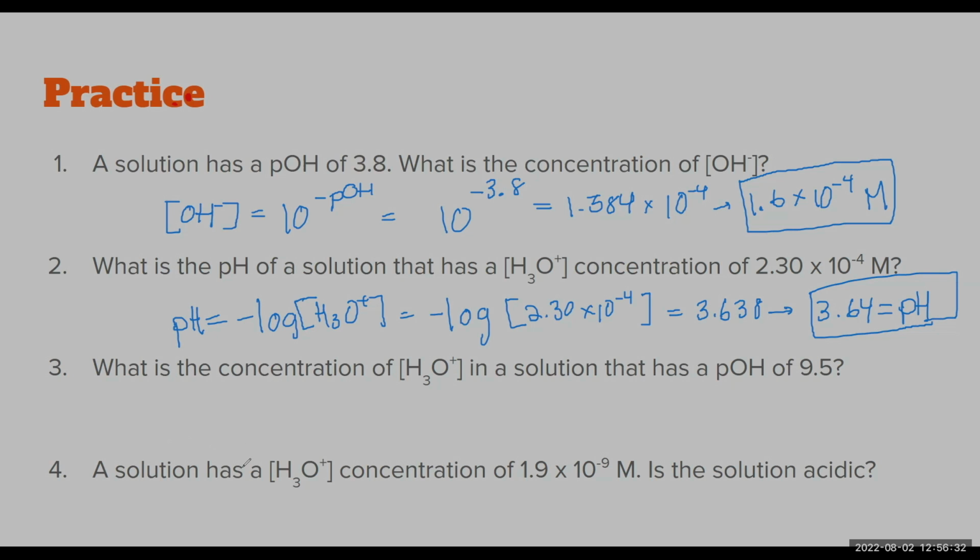The next question is, what is the concentration of hydronium ions in a solution that has a pOH of 9.5? So if you remember from the previous slide, that the pH plus pOH should equal 14. So we do pH plus 9.5 is equal to 14. And therefore our pH should equal 4.5.